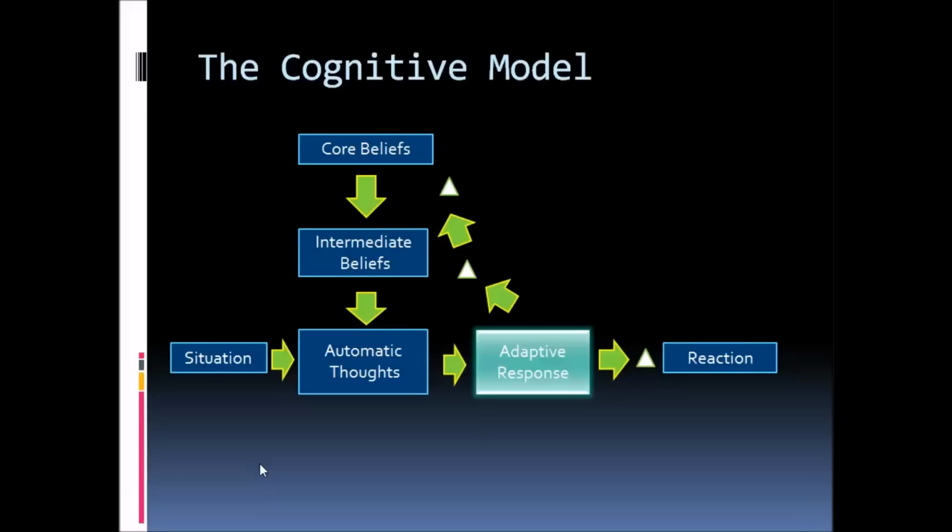So this battle against the automatic thoughts is very much at the surface level, right at the thinking level. But as the client starts to win the battle against the automatic thoughts, the change occurs at deeper levels. It moves to the intermediate beliefs and eventually to the core beliefs.